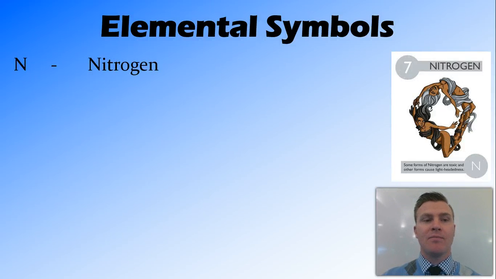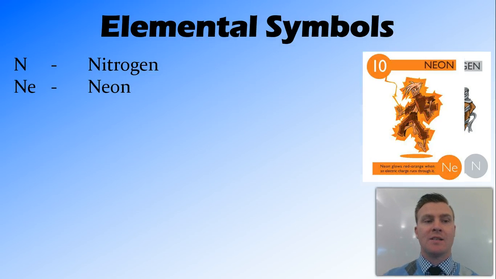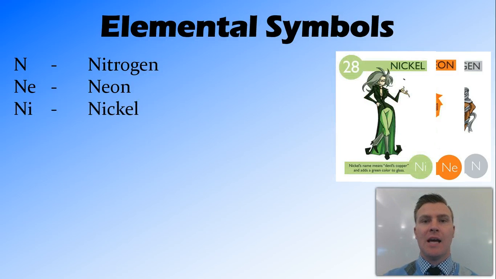So we'll just have a look at some of the elemental symbols. So we have nitrogen, as I said before, which is just the N. Now because N is taken, once we look at other elements starting with N, we need to have the 2 letters. So for example, neon, Ne, nickel, Ni.